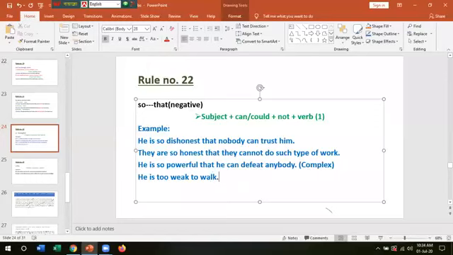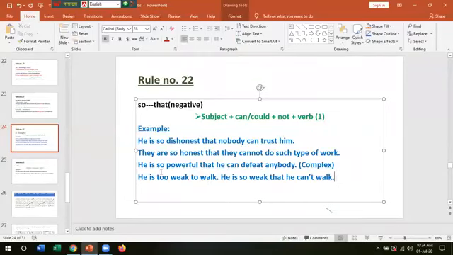Like he is too weak to walk. Okay, you have given this type of example. He is too weak to walk. If we make it complex, then it becomes he is so weak that he can't walk, right? This is a complex form of this simple sentence. That means he is so weak that he cannot walk.